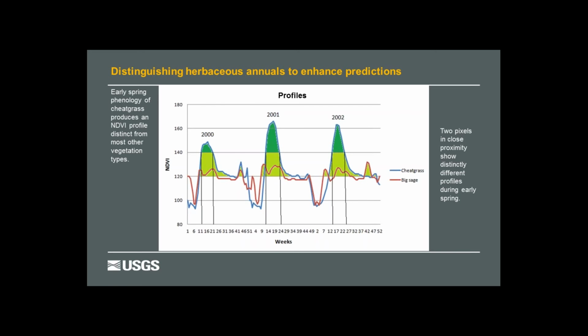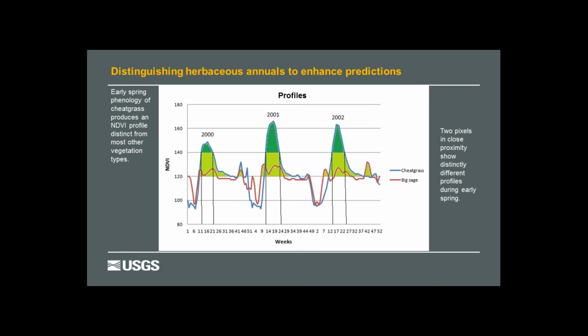This is another example, and I want to go through it really quickly. It illustrates how we try to use the cheatgrass phenology NDVI signal and differentiate it from, in this case, a big sage signal.